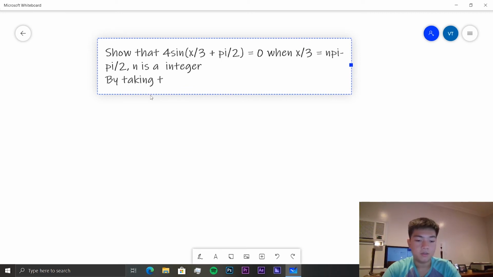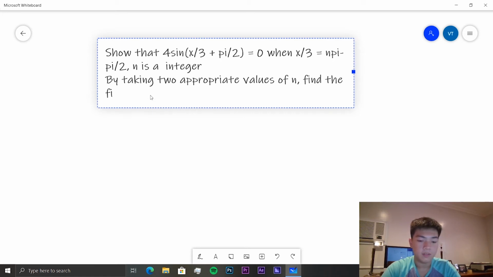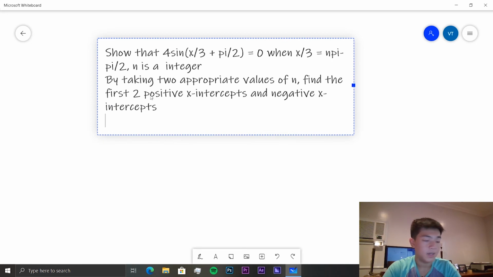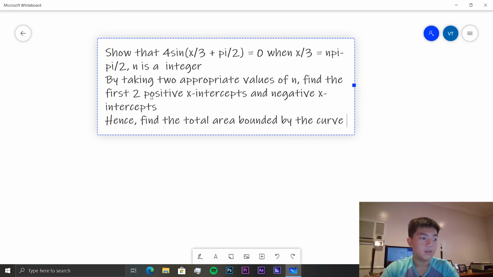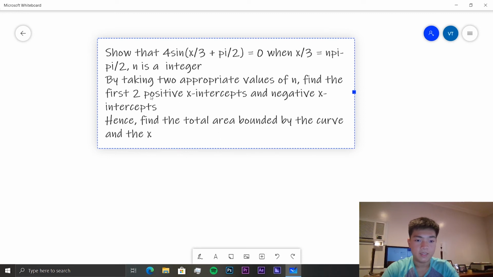By taking two appropriate values of n, find the first two positive x-intercepts and negative x-intercepts. Hence, find the total area bounded by the curve and the x-axis between x is equal to negative 3 over 2 pi and x is equal to 9 over 2 pi. Okay, so this doesn't look too hard.